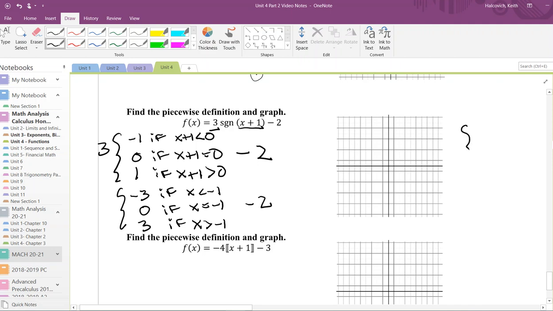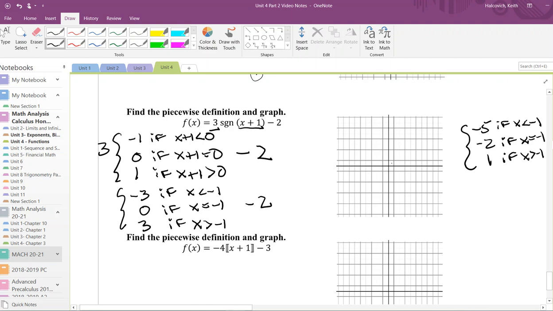So basically the final piecewise function, negative 3 minus 2 is negative 5 if x is less than negative 1. It's negative 2 if x is equal to negative 1. And it's 1 if x is greater than negative 1.